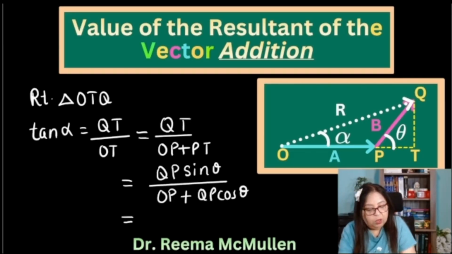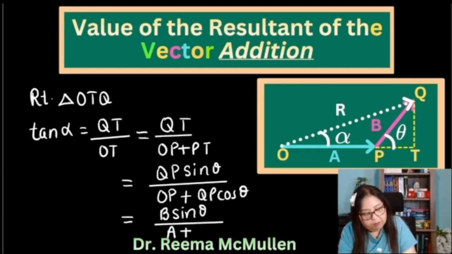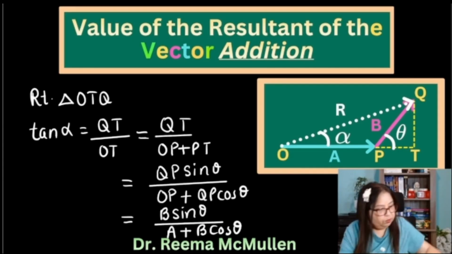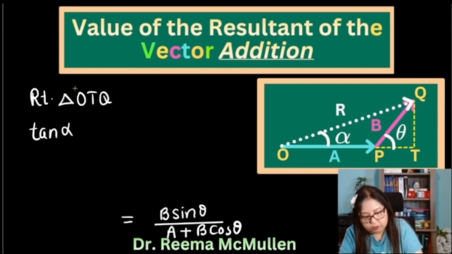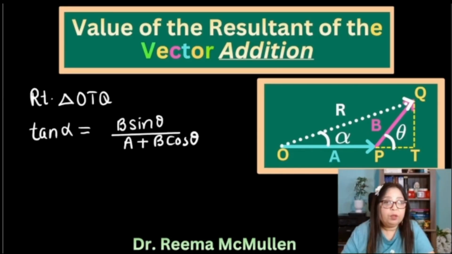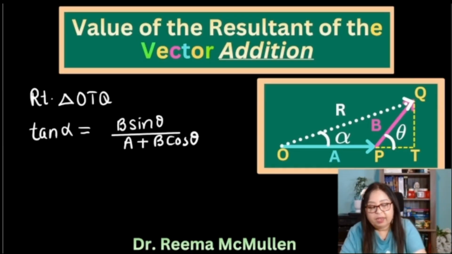What does this give us? QP is equal to magnitude of vector B. So tangent alpha is equal to B sine theta divided by A plus B cosine theta.